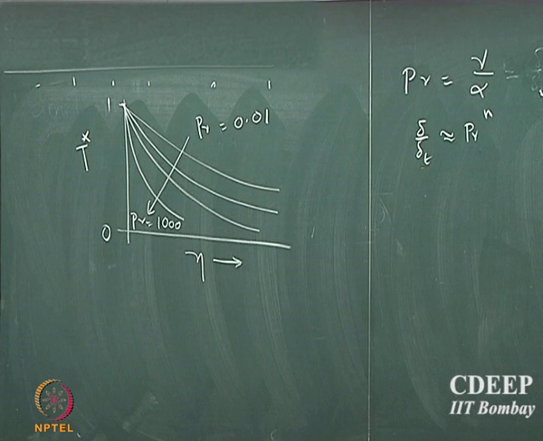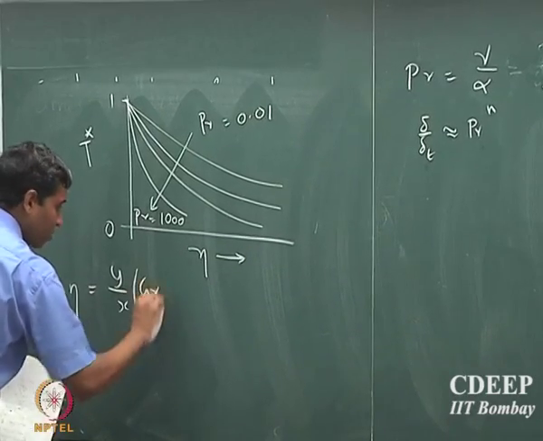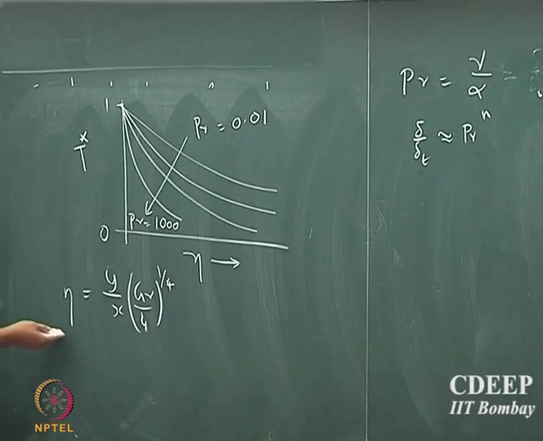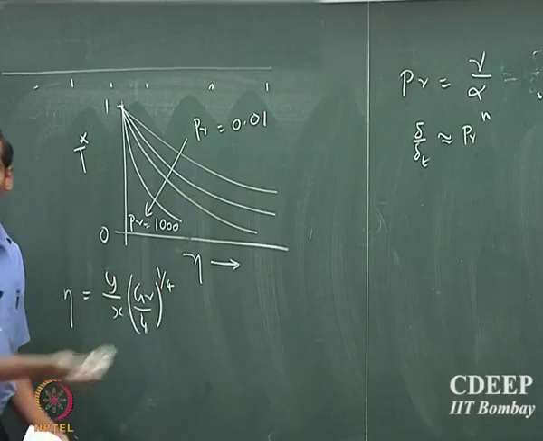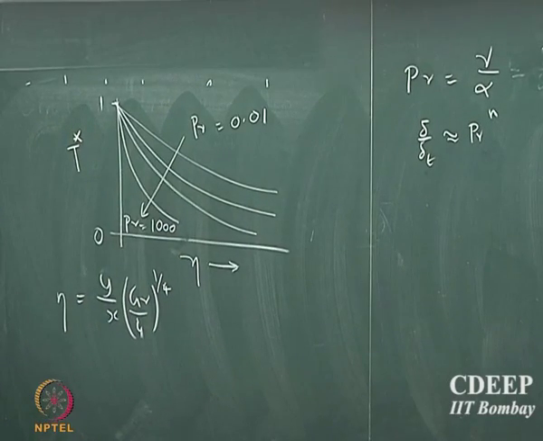Remember, look at your scaling variable eta. Eta is y by x into Grashof number by 4 to the power of 1 by 4. So when the boundary layer thickness is very small, eta is very small, so all the temperature profile has to be captured at a very small value of eta. That's the reason why it falls very quickly for a large Prandtl number.